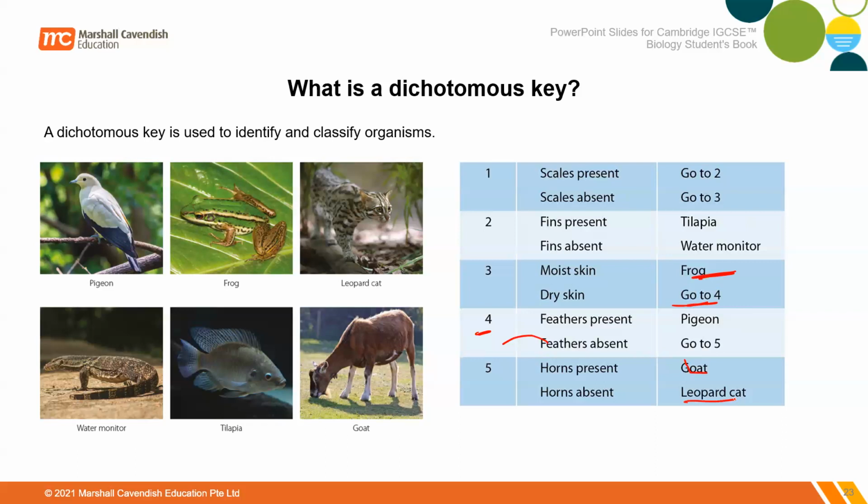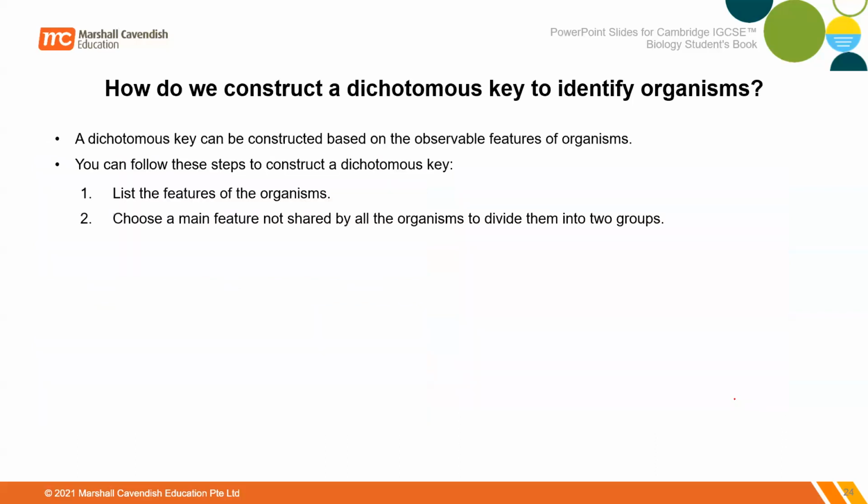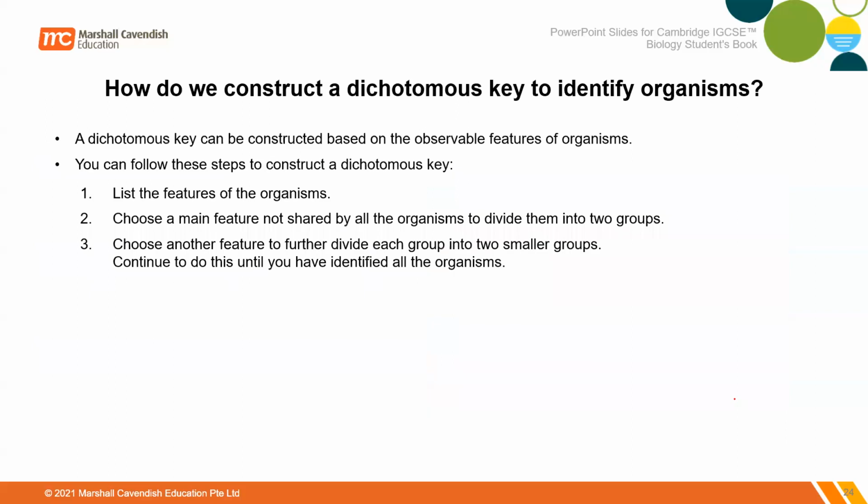To be honest, the dichotomous key will not be that easy, but it's not that hard, because all I want you to do is follow the scheme that you have, or focus on the characteristics that all of the figures and diagrams represent in the question. Can we construct a key?